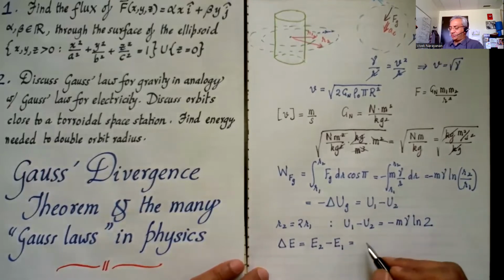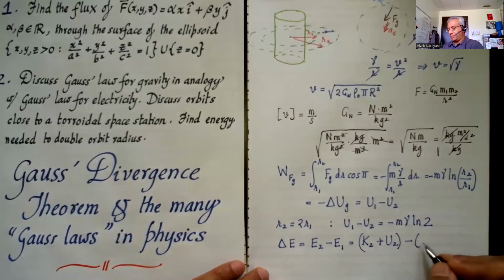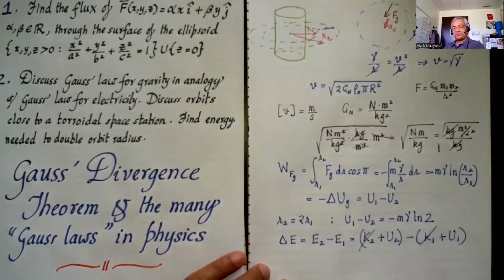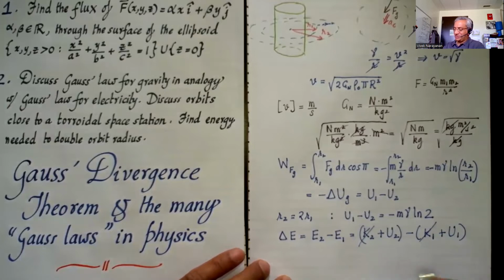The energy at orbit 2 is the kinetic energy at orbit 2 plus the potential energy at orbit 2, minus the energy at orbit 1, which is the kinetic energy at orbit 1 plus the potential energy at orbit 1. But we already know that the speed is the same regardless of orbit. So the kinetic energies cancel out. So I just get U2 minus U1, so it takes care of the minus sign there. It's just m gamma, natural log of 2.